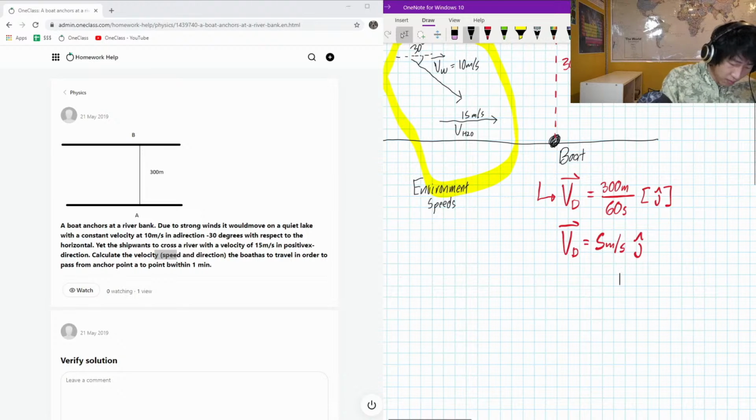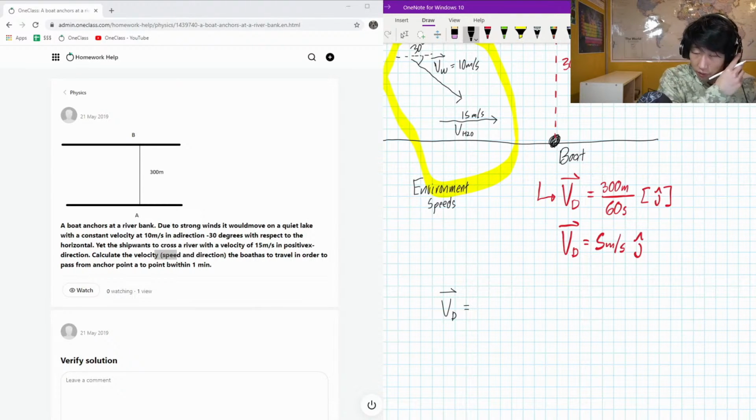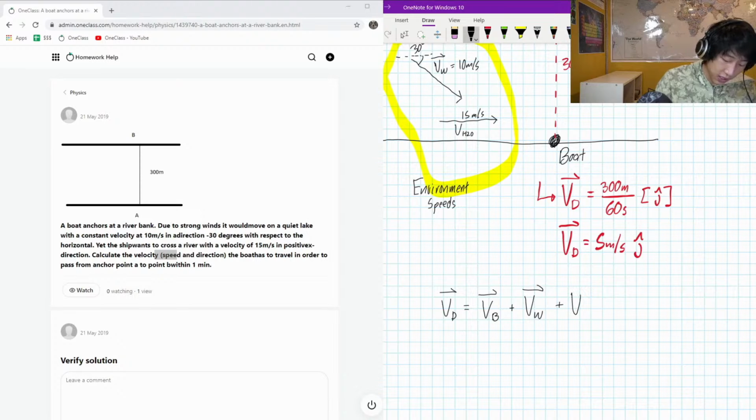So to write this out mathematically, we're going to need to do VD, our effective velocity as a result of our boat, as well as the water that we're in, as well as the wind. It is going to be equal to all those things individually: VB for boat, plus velocity of the wind, W, plus the velocity of H2O for the water.